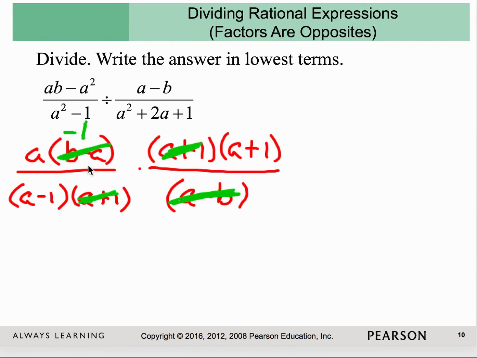So on the top, I have a negative 1 times a, negative a, and an a plus 1. And on the bottom, I have an a minus 1. Nope, nope, nope. This one isn't a factor.